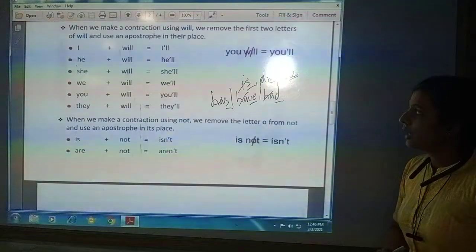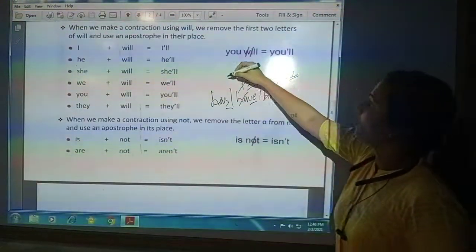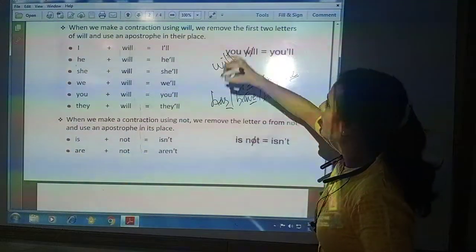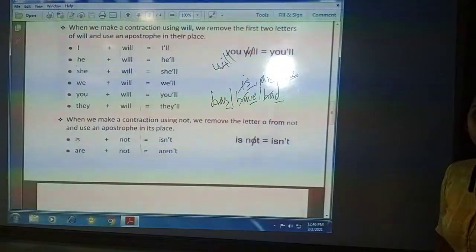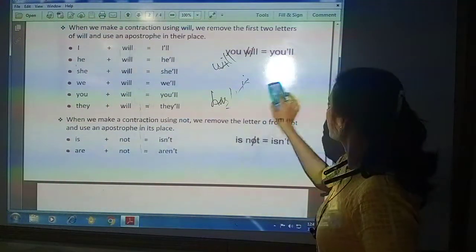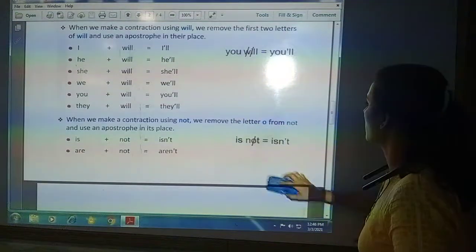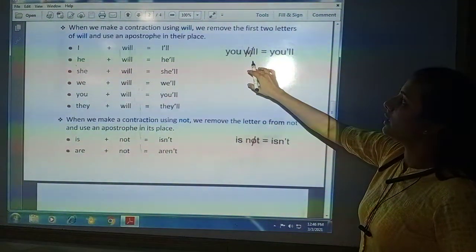Now, here we will do contraction of will. In that, first two initial letters will be removed. Here you can see you will.